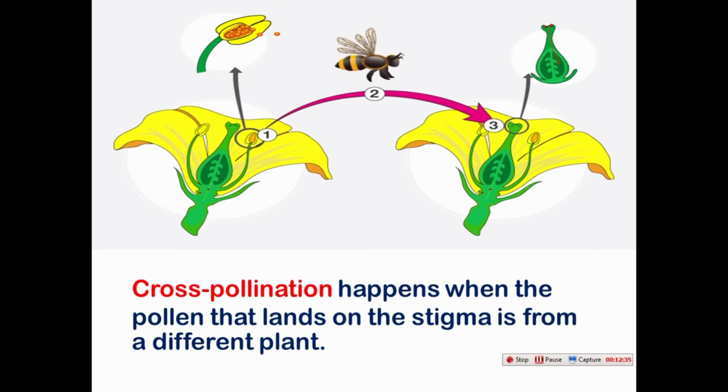The pollen from the anther is carried by bees or butterflies, and then they deposit this pollen on the stigma of another, different plant.